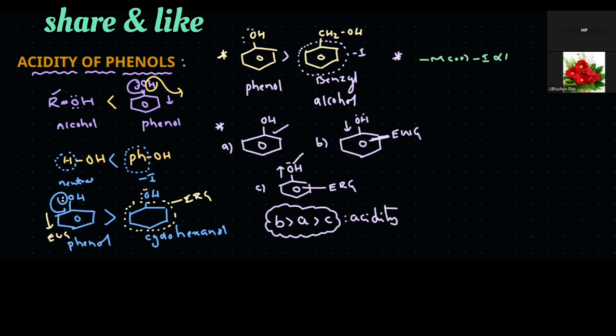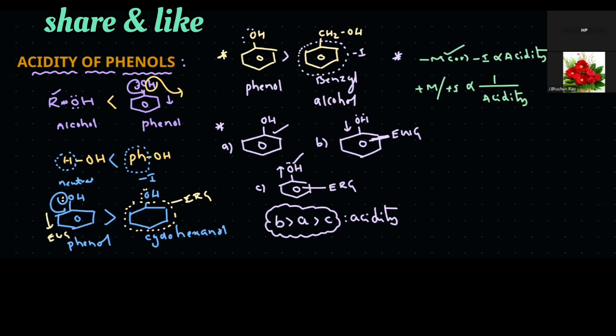If a plus M or plus I group is attached to the phenol, it is inversely related to the acidity. So these two are very, very important. Plus M plus I are electron releasing groups, minus M minus I are electron withdrawing groups. So electron withdrawing groups always increase the acidity. Electron releasing groups always decrease the acidity. So these are the conditions.